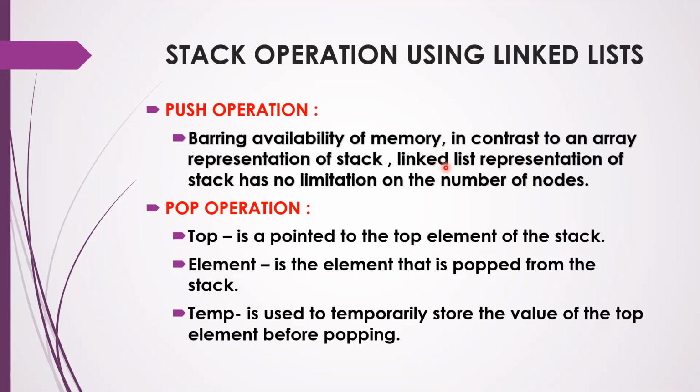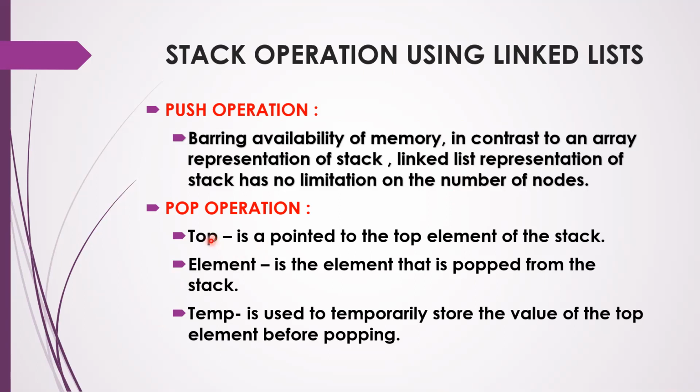In a linked list, it is not necessary to have continuous memory spaces, so that is an advantage. But if the actual memory space goes out of control or is not available, then we have to check a condition to indicate to the user that it has overflowed.